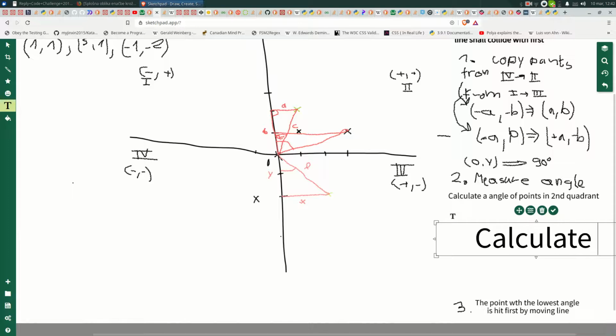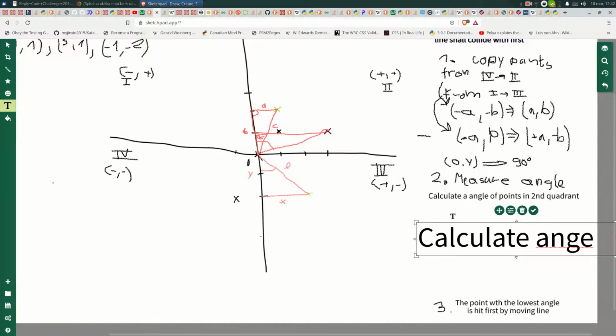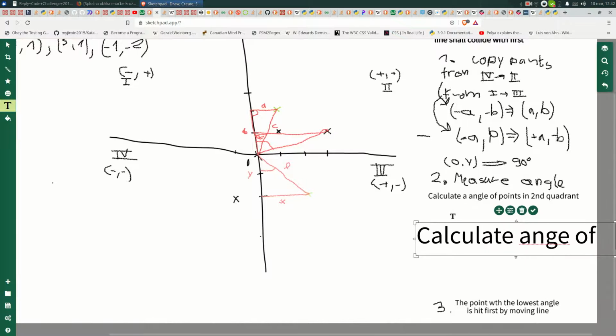calculate angle of A minus 180 degrees. I hope this is degrees.